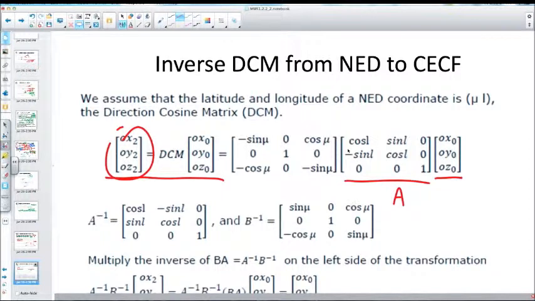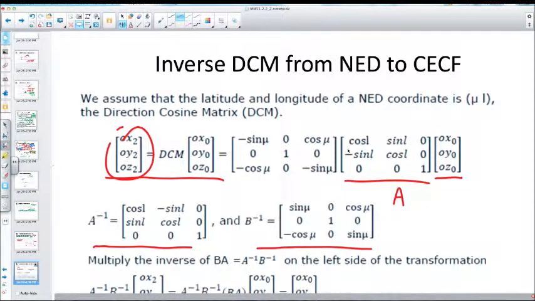You remember the first rotation, you rotated along the Z axis by the angle of the longitude to make the east direction overlap. The second rotation, you rotated along the east direction to make the zenith coordinate overlap. That angle is the latitude, mu. So now you get the two inverses.